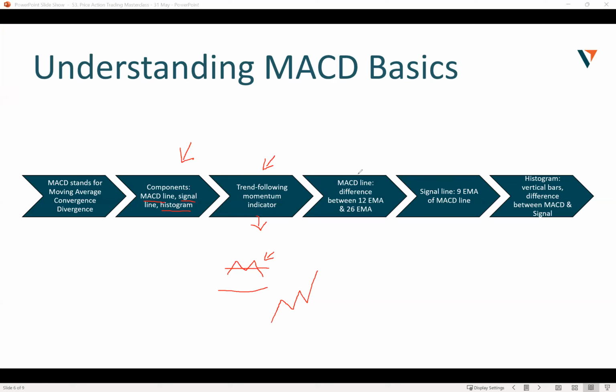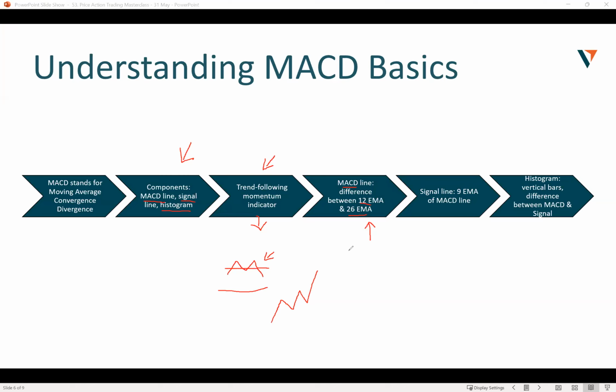With MACD, there is of course the MACD line. The MACD line is the difference between your 12-day EMA and 26-day EMA. EMA is short for exponential moving average.